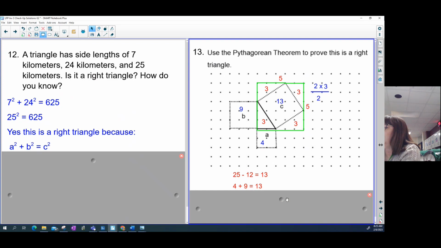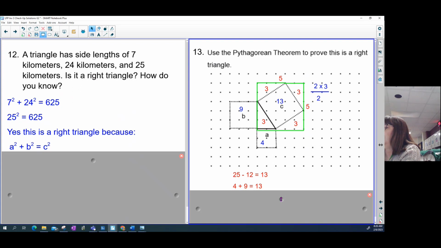And now I can use those numbers to prove that A, which would be 2 squared, plus B, which is 3 squared. So 2 squared plus 3 squared is indeed going to get me the square root of 13, right?